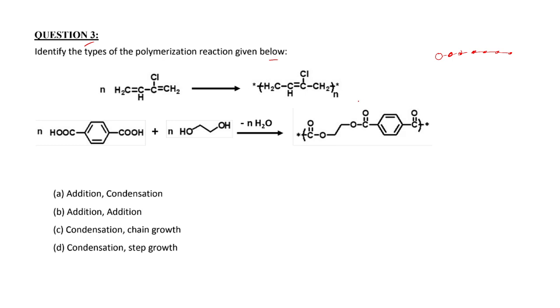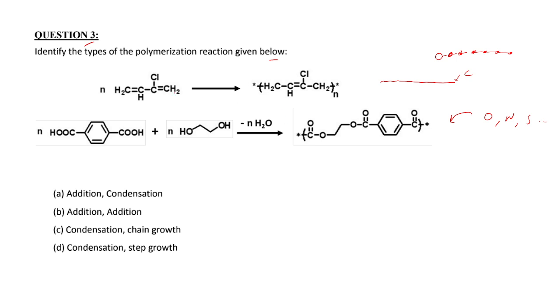In addition reaction, the backbone of the polymer will be made of carbon. However, in the condensation reaction, the backbone will be made of heteroatoms like oxygen, nitrogen, sulfur, etc.